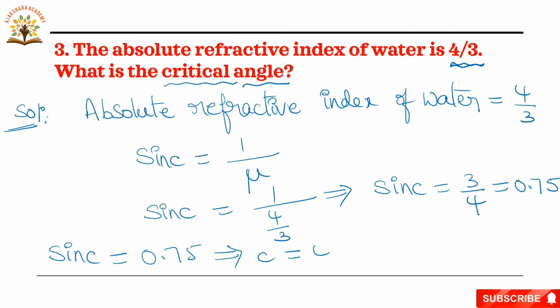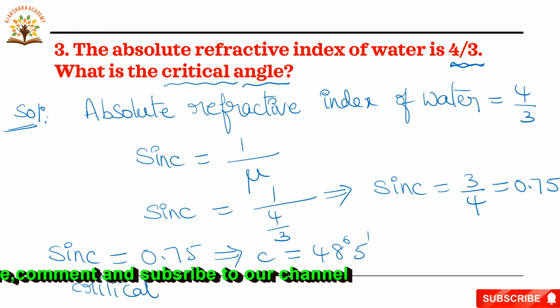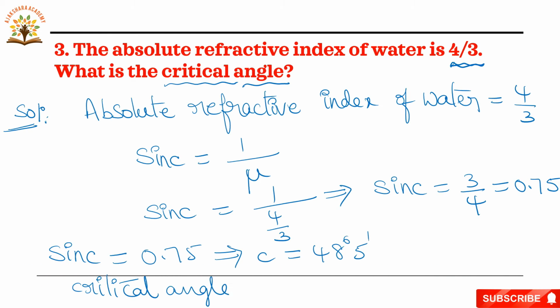This value is equal to 48.5 degrees. So in total, we write the critical angle of water C is equal to 48.5 degrees.